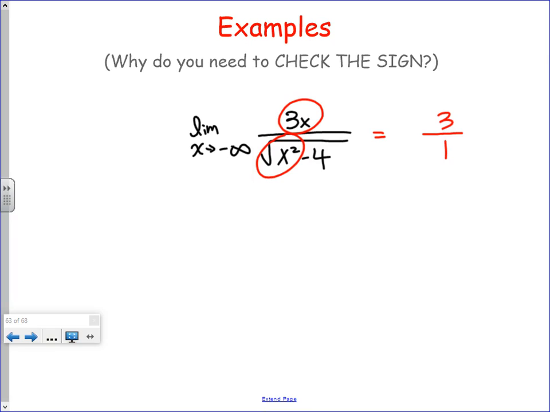But wait, pause, check the sign. There's a square root. If I plug in a negative, what's this? Negative. If I plug in a negative, square it and square root it, positive. So my answer is negative 3. Negative 3.